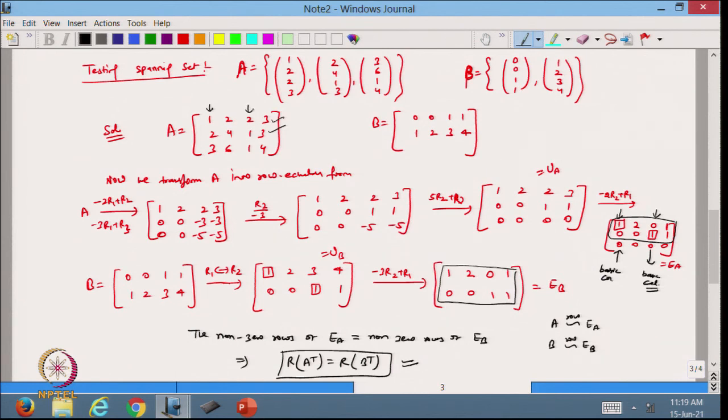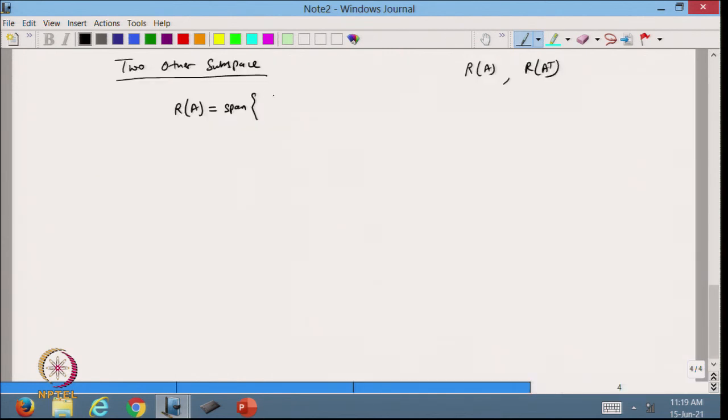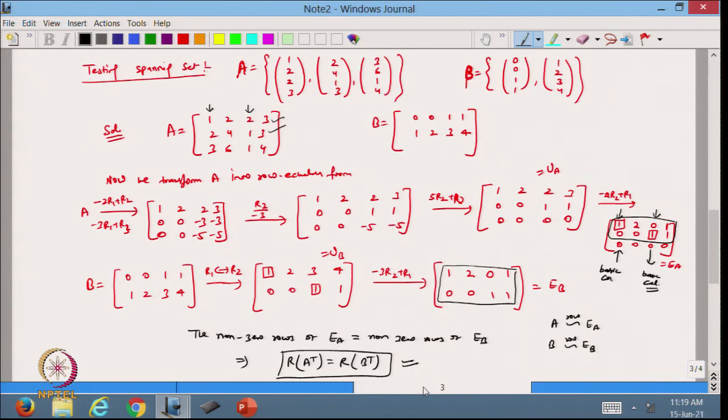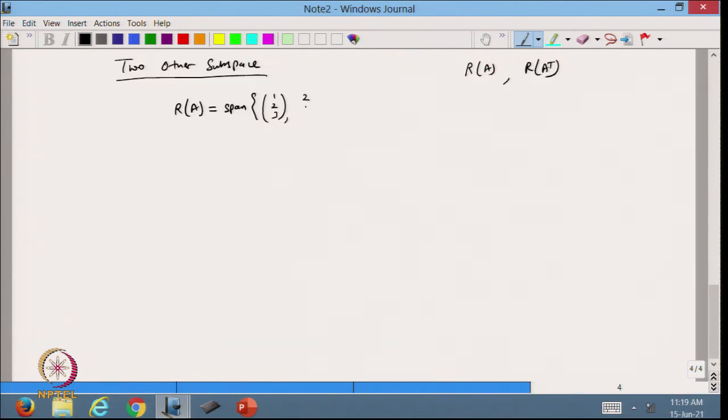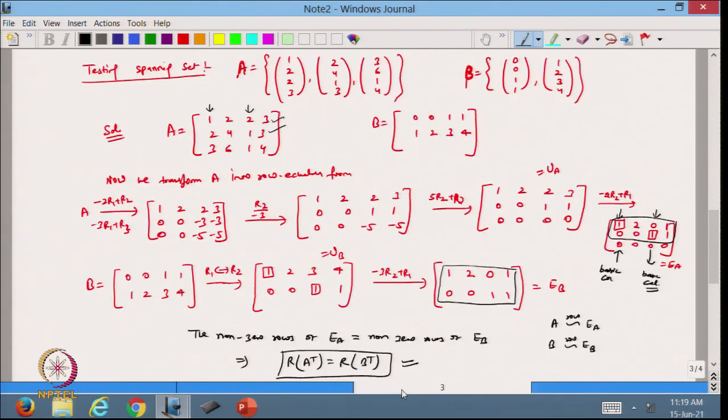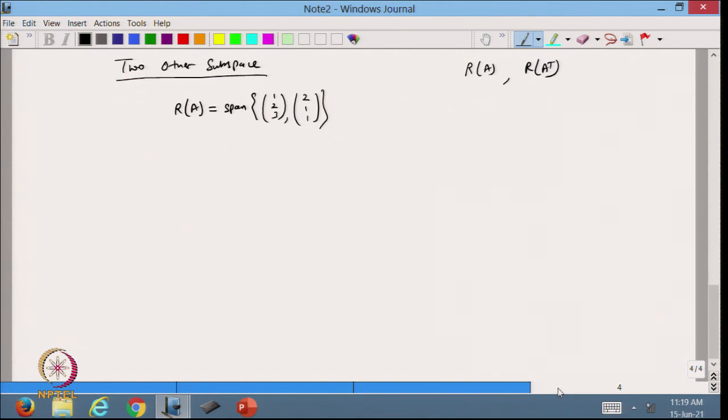So, it is spanned by 1, 2, 3 and 2, 1, 1. And they are also linearly independent. So, that is the range space of A.